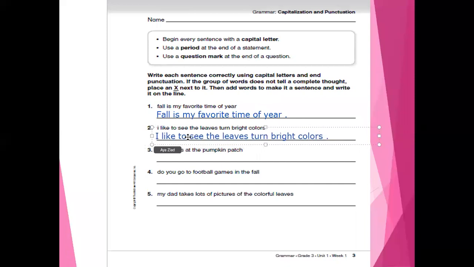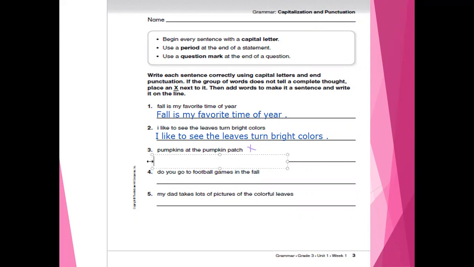Number 3. Pumpkins at the pumpkin patch. What about them? What about the pumpkins at the pumpkin patch? Are they big? Are they beautiful? Are they yellow? Are they orange? What about them? We don't know. So this is a fragment. Let's put an X, and then we can add a predicate to complete the sentence. Pumpkins at the pumpkin patch are big, are orange, are beautiful, are maybe scary.